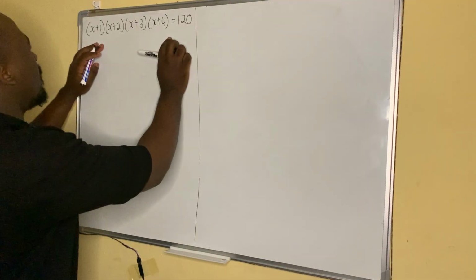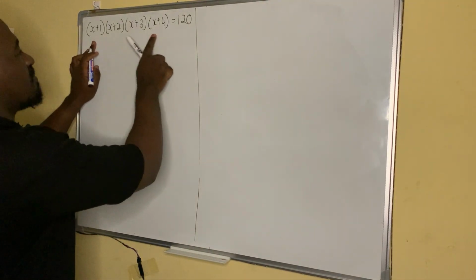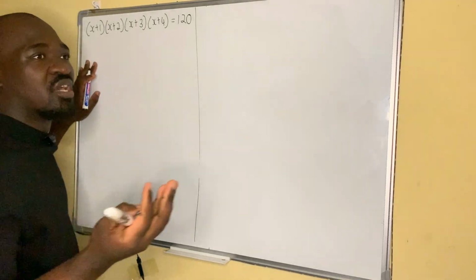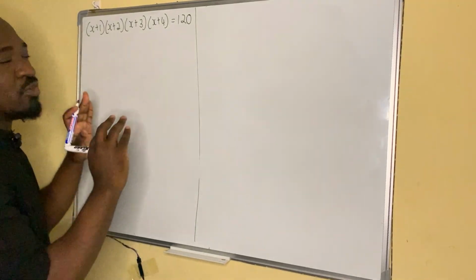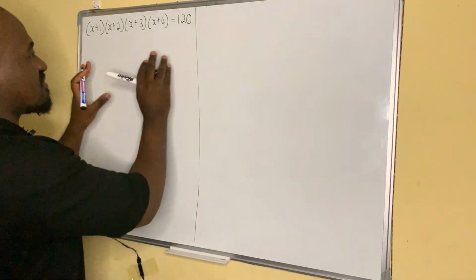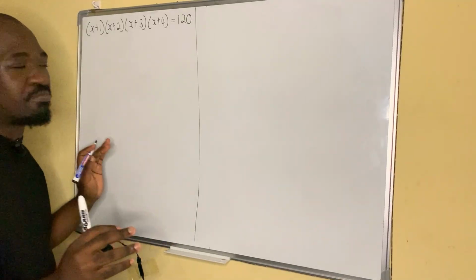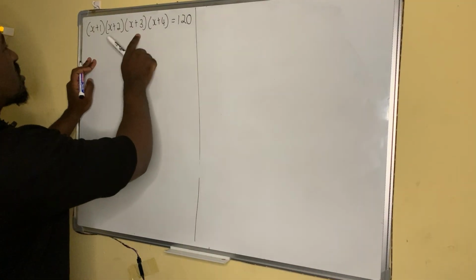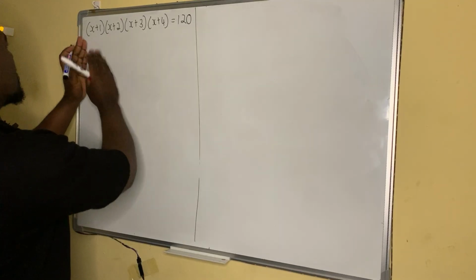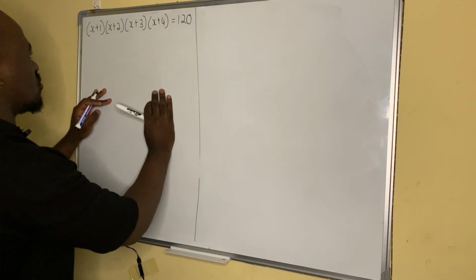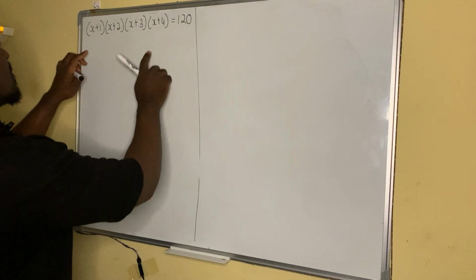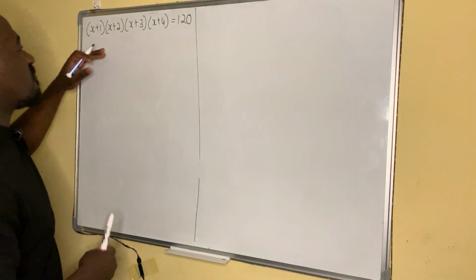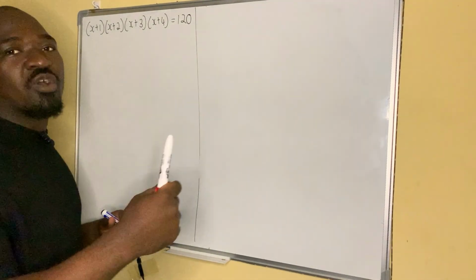This one, now we have x plus 1, x plus 2, x plus 3, x plus 4. Someone can use factorials, but it's fine, I'm not going to jump to factorials for this. I just want to solve it in a basic way. Now, if you see 1, 2, 3, 4, these are factors. What you're supposed to do is, from these 4 factors, follow a FOIL.